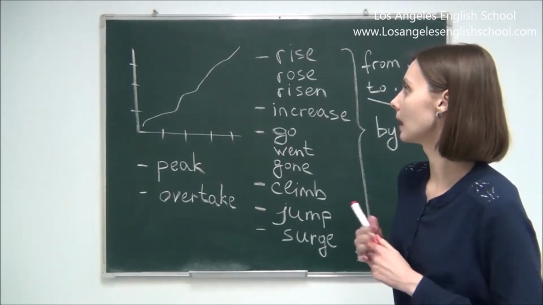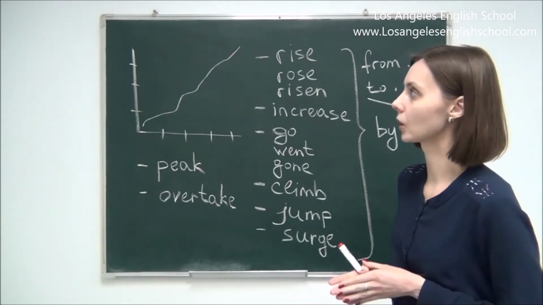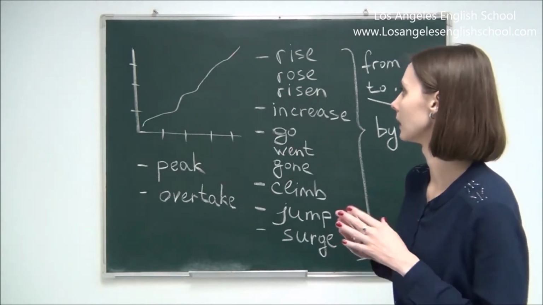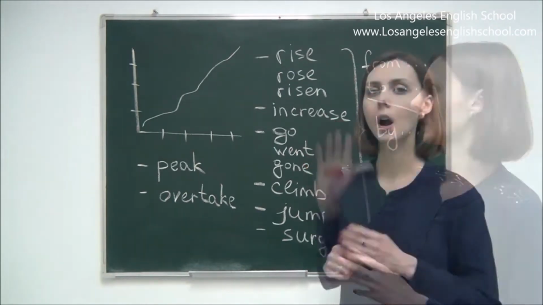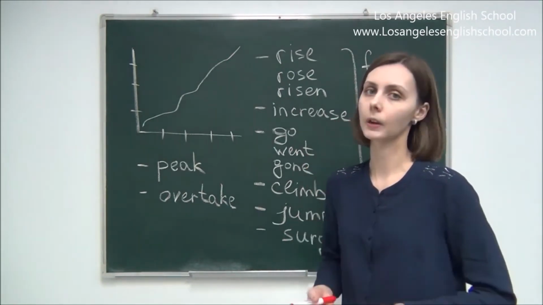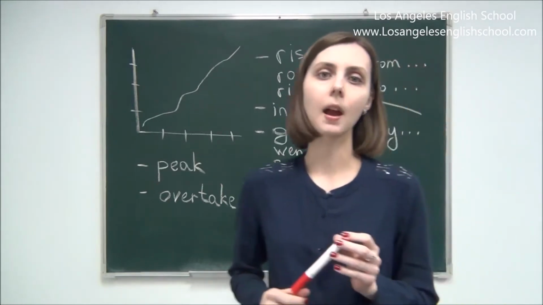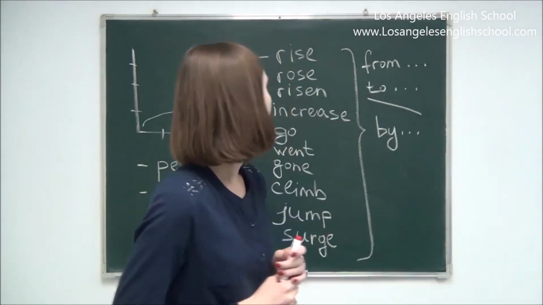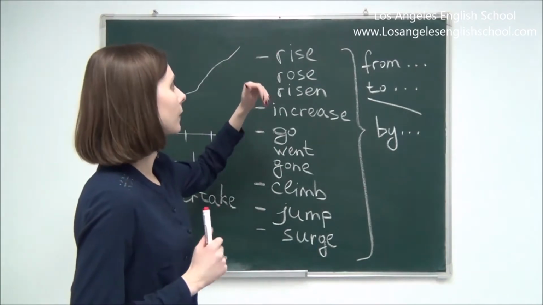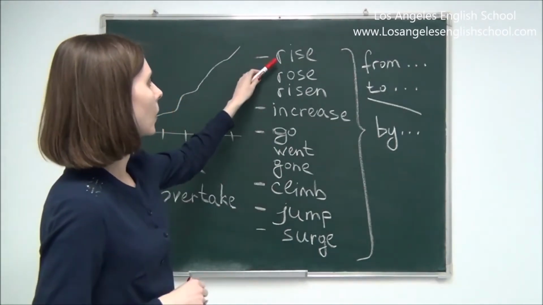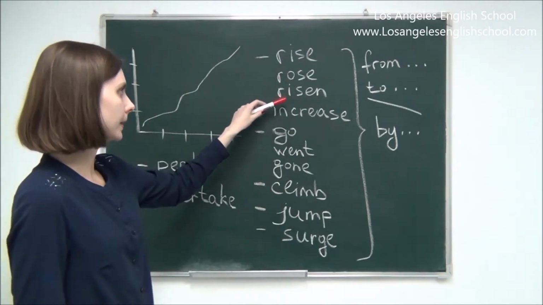So if numbers or figures which are represented on a line graph or a bar chart go up, how to illustrate this. First, let's have a look at some verbs that you can use to describe it. Rise, so 3 forms are rise, rose, risen.